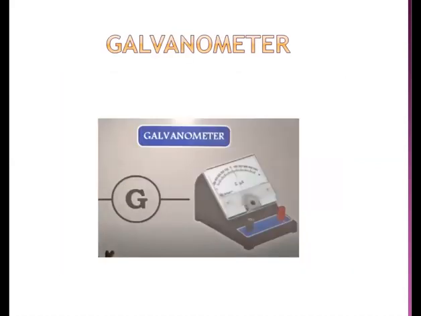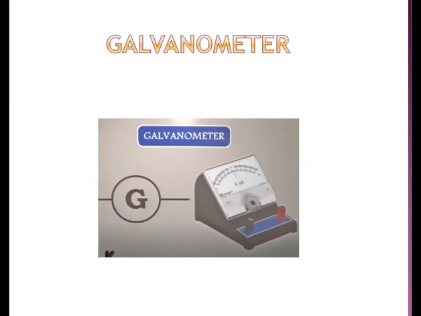We have another instrument that is known as the galvanometer. The galvanometer is just like an ammeter, except that it is able to measure very small amounts of current, in the order of microamperes. The other difference between the galvanometer and the ammeter is that it shows in which direction the current is flowing.